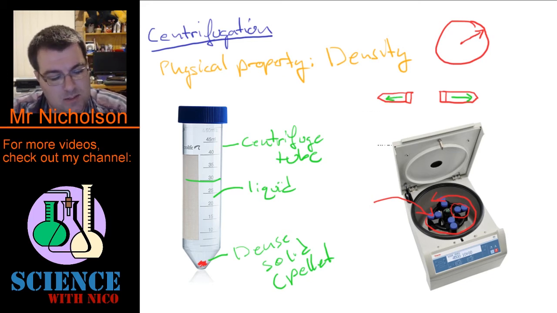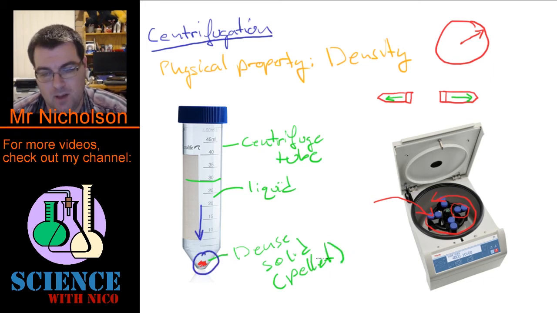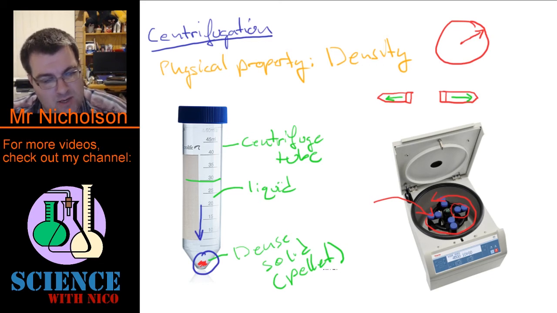As your particles are pulled down, they are collected as a pellet at the bottom just here. That means we can decant our liquid fraction off, simply by pouring from the tube, and as long as we don't disturb the pellet of material, we're able to pour the liquid off and separate it with very little issue.